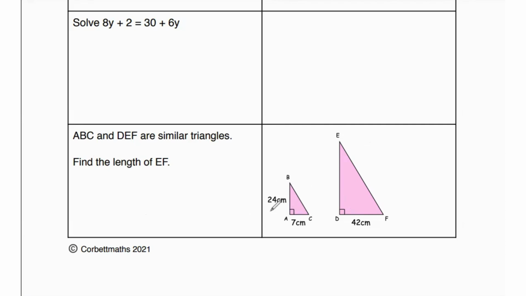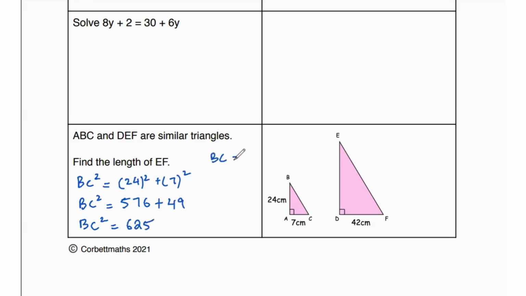In a right angle triangle, if you have two lengths and the third length is missing, you can easily use Pythagoras to find it. So BC squared, the hypotenuse squared, equals 24 squared plus 7 squared. BC squared equals 576 plus 49, which is 625. So BC is the square root of 625, and that is 25 centimeters.